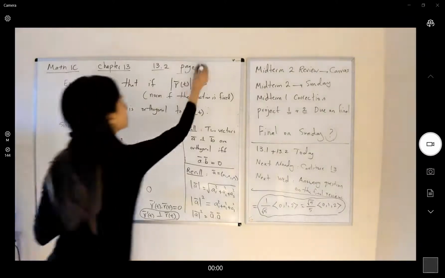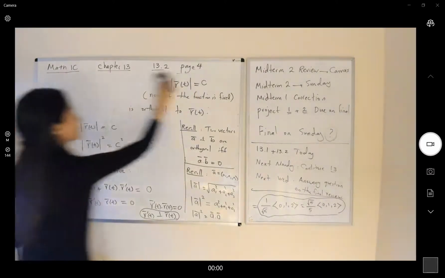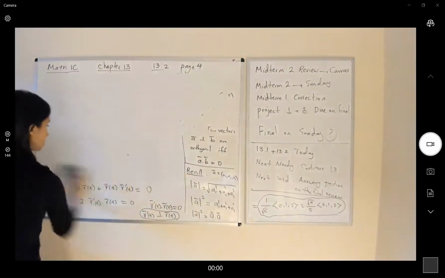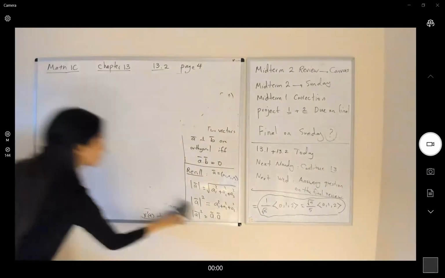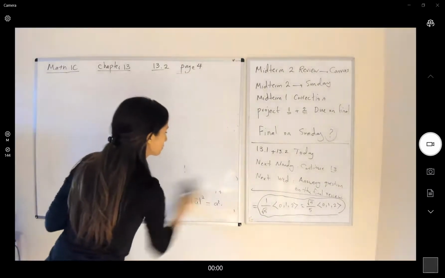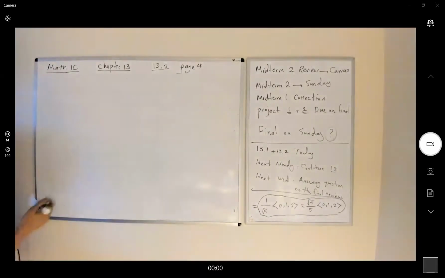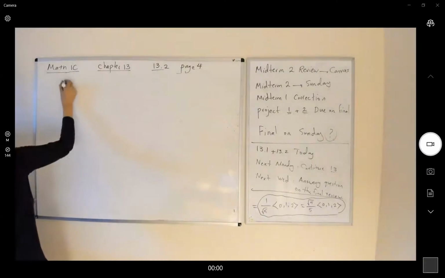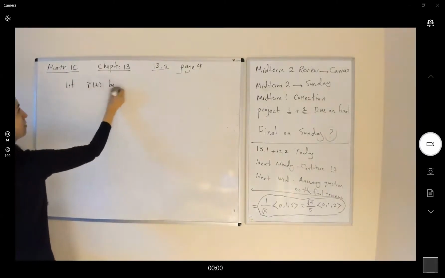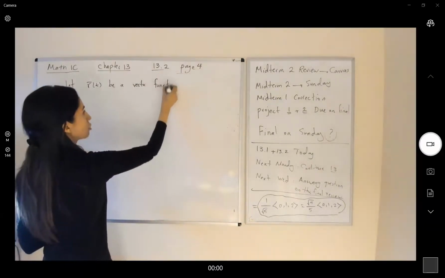Page 4. There you go. Let R(t) be a vector function.